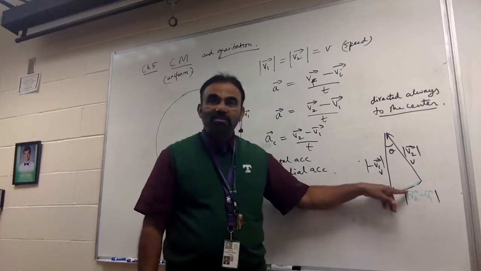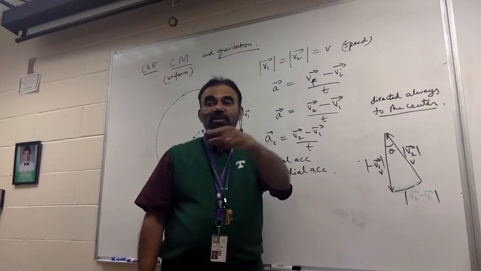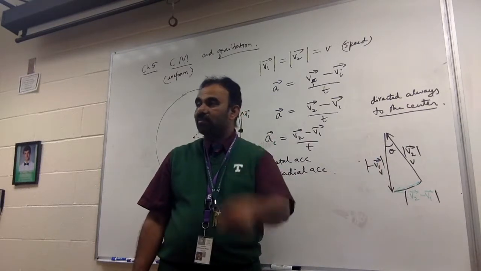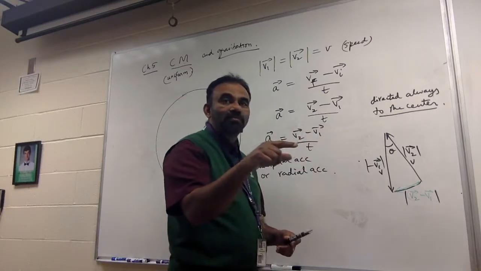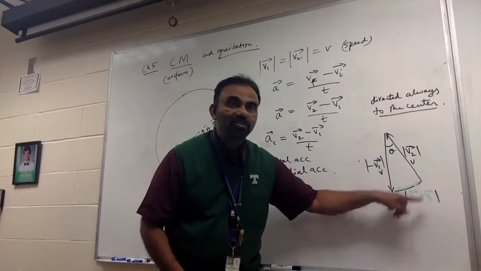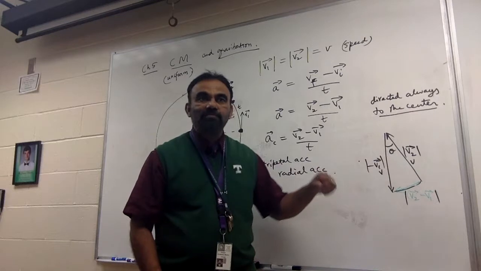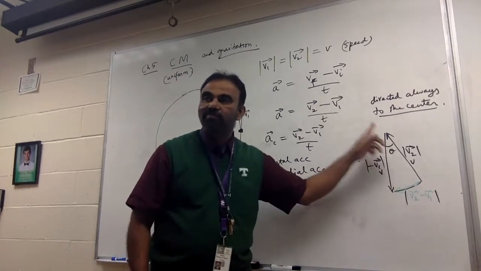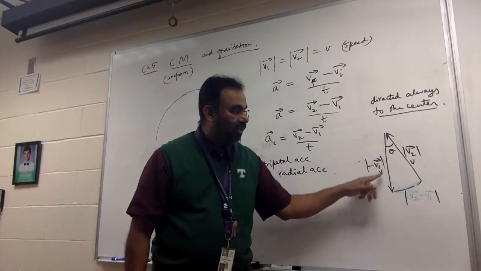So this is like an arc. So you can use the formula that you learned earlier. How do you find the arc length? S is equal to r theta. Look at that. This is your S. Isn't this like the radius? So S is equal to r theta.